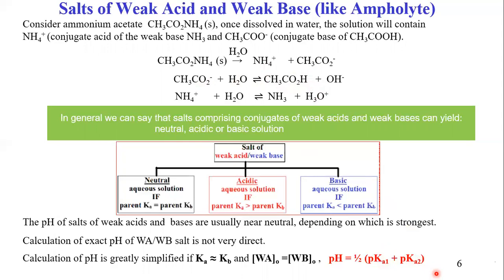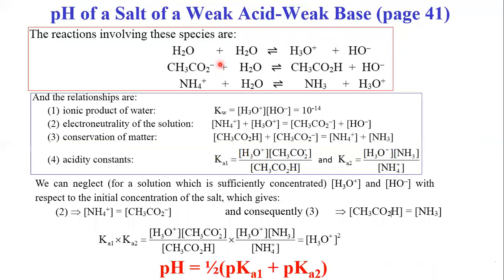Okay, I'm going to show you an example where that is not the case, but not in this type of ampholyte. That's when it comes like a mixture of a weak acid and weak base, separately. So here is the derivation for those of you who really want to read it. It's again looking at all three equations, going into electroneutrality, conservation of elements, and acidity constants, and deriving pH equals half pKa1 plus pKa2.